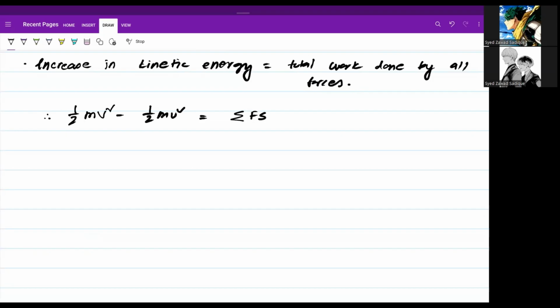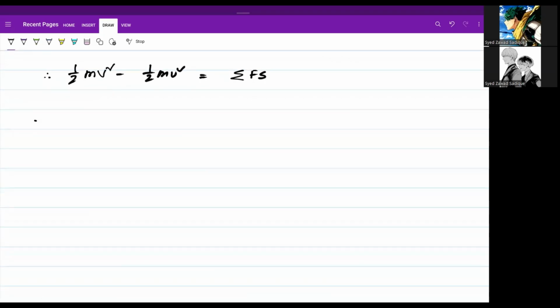And then there is another formula: increase in mechanical energy is equal to mechanical energy. What does mechanical mean? A lot of people feel confused. Mechanical is associated with anything moving. Think about it: mechanical engineering deals with things that move.